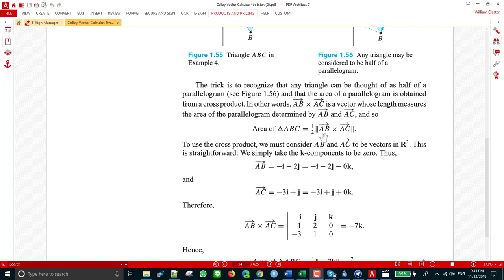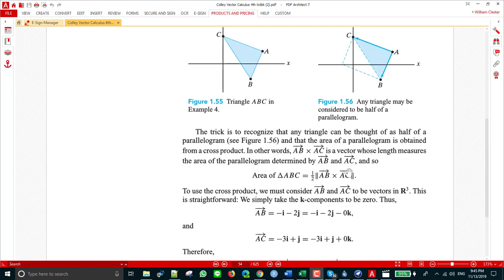So the area of this parallelogram is the norm of this, because like we said before, the norm of this is the norm of A times the norm of B times the sine of the angle between them.